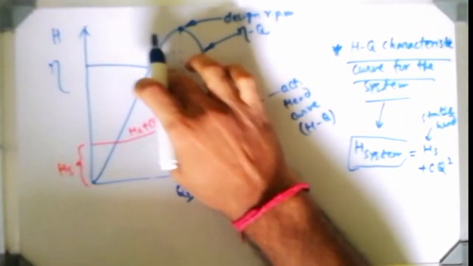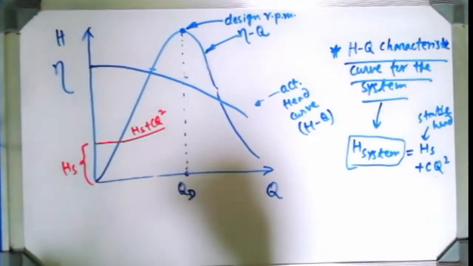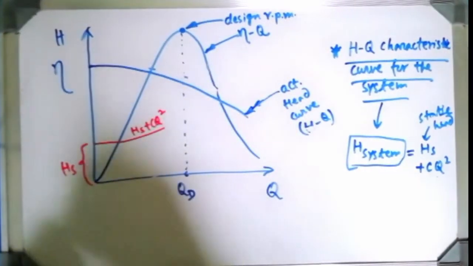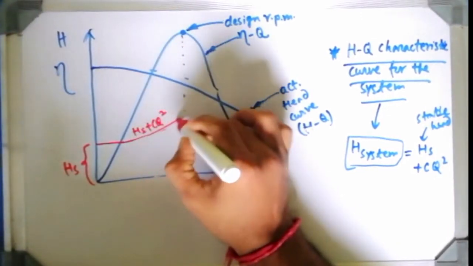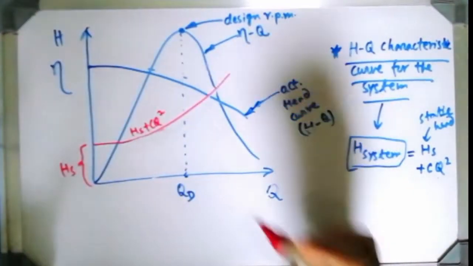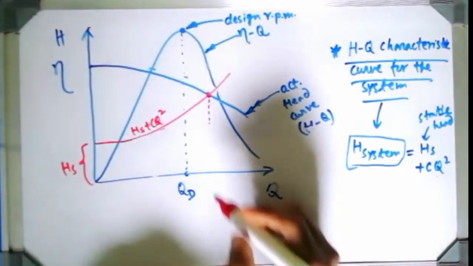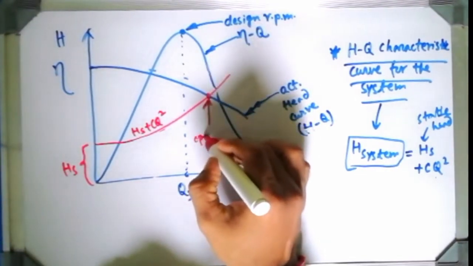It should be a kind of slope like this. This is the actual head curve. Now this system characteristics curve will be like this. So this point is nothing but the operating point.